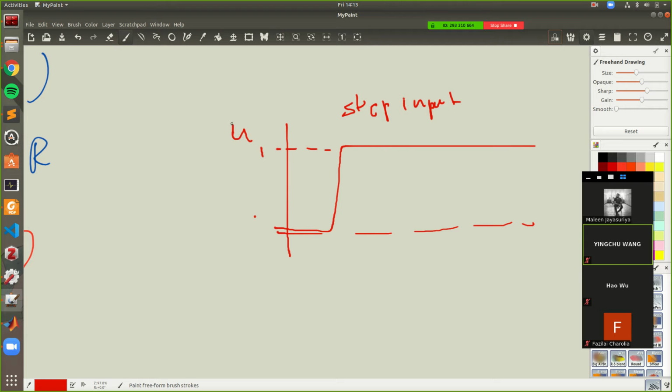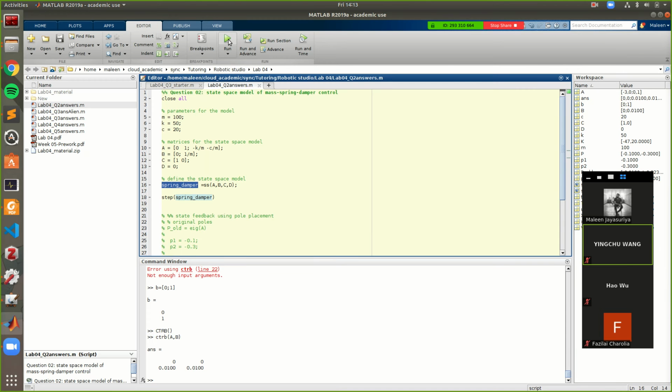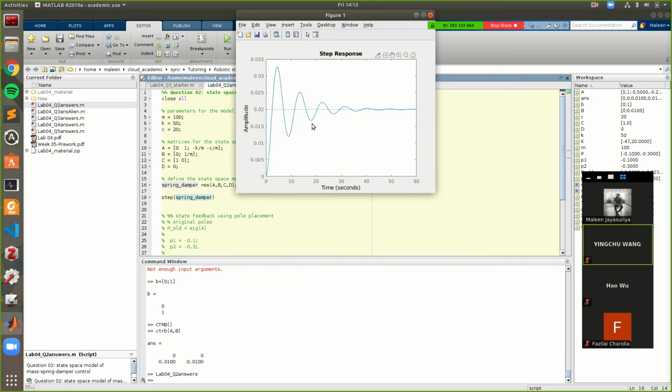So our U, or in this case F, our external force, is 1 Newton. We suddenly put 1 Newton in there, and we look at what happens. So if I run this, I get what the output looks like. Here you can see this is what the output looks like. It oscillates and then comes down to a steady state value.